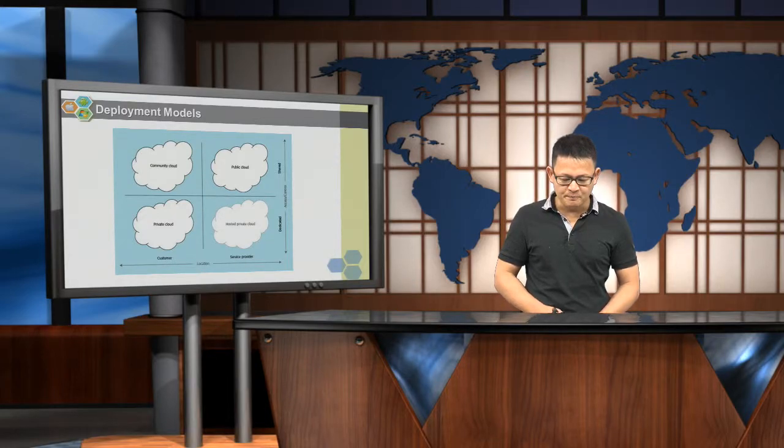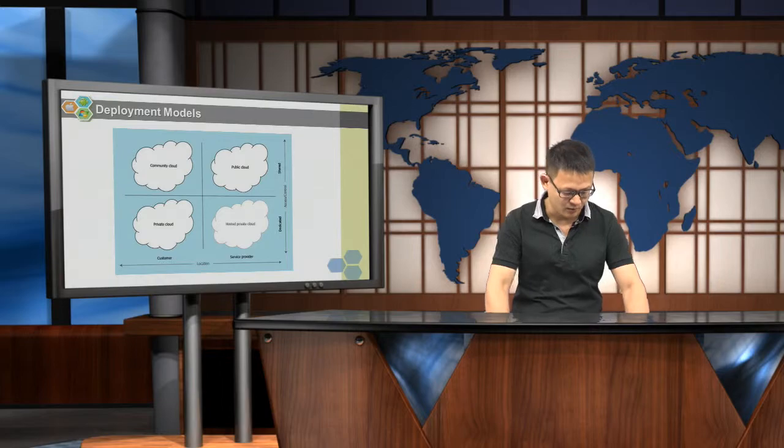For the public cloud, it's a shared resource, and often the location is on the service provider side. So this figure shows the difference between the deployment models of the different kinds of cloud.